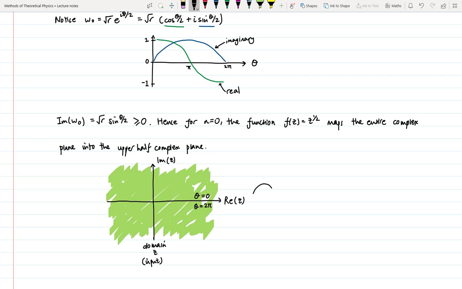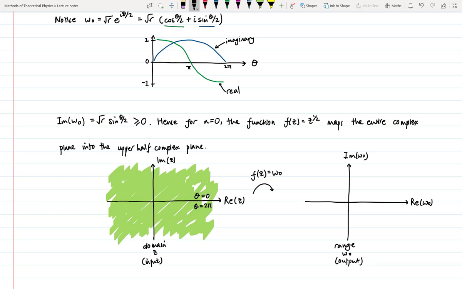We're now considering the action of the function f of z given by w0, where we've set n equal to 0. We can give ourselves some axes for the output of our function. We have the imaginary part of w0, the real part of w0, and I'll label below that this is the range given by w0, in other words, the output.